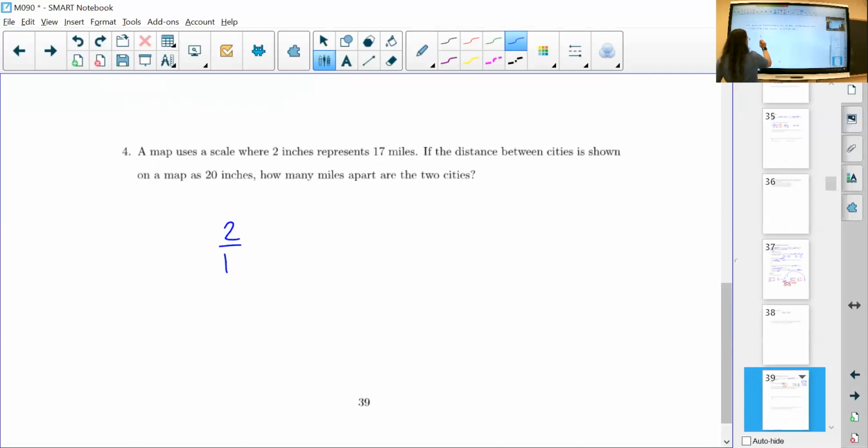And 2 over 17 is already simplified. So this is a case where I would use the cross multiplication. 2 over 17, make sure I get my units in there. 2 inches over 17 miles equals 20 inches over X miles, or M or D, whatever we want to use, and go from there.